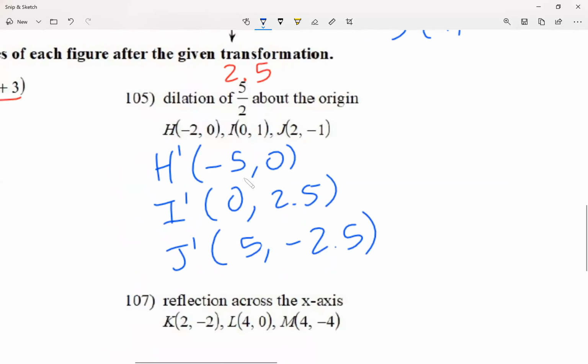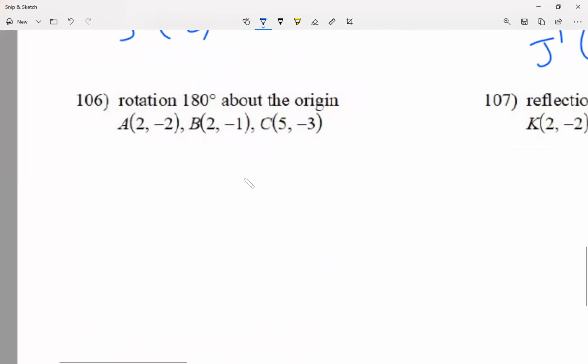Let's take a look at 106. Rotation of 180 degrees about the origin. I'm going to use our notes. Question 51. It says xy becomes negative x negative y. So all I'm going to do is switch the signs on the x and the y. If it's positive, make it negative.